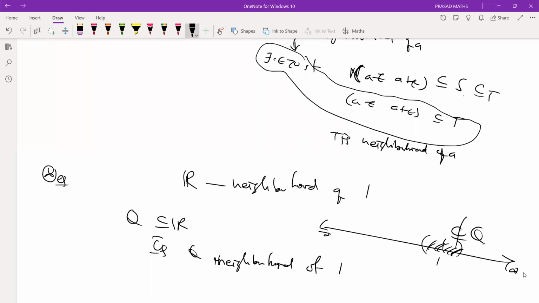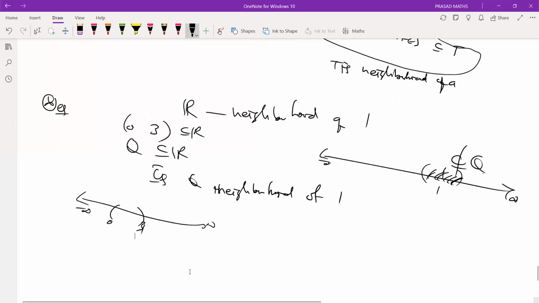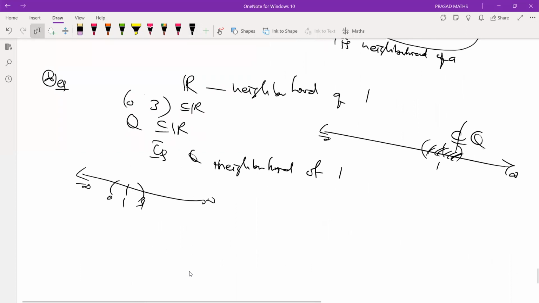Of course, it can be sometimes. Suppose you take open 0, 3. This is a subset of R which contains 1. Is it a neighborhood of 1? Yes, because I find a very small neighborhood which is inside the set 0, 3.